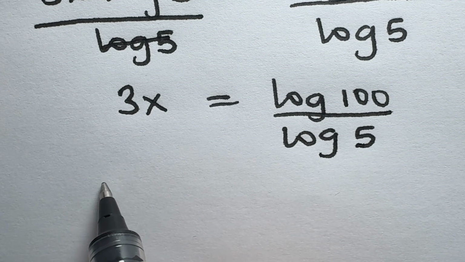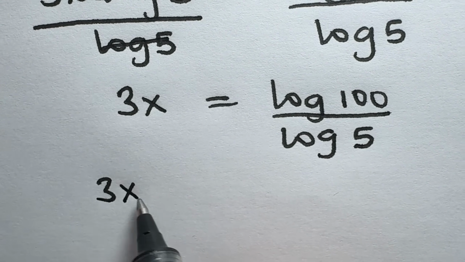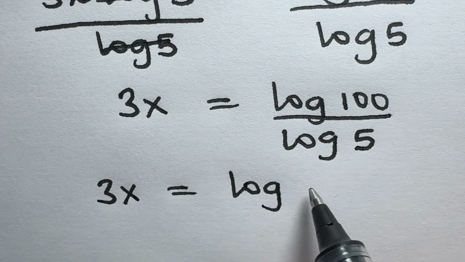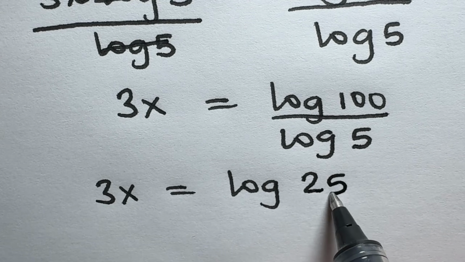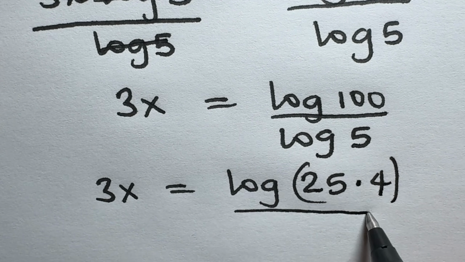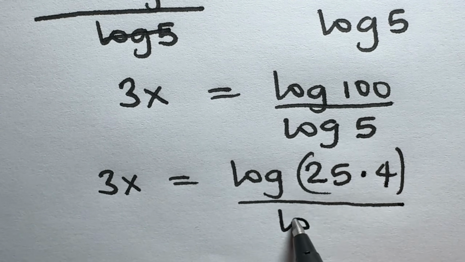This can also be written as 3x is equal to log 100, here 100 is 25 times 4, then divided by log 5.